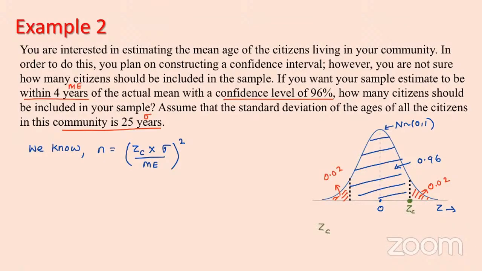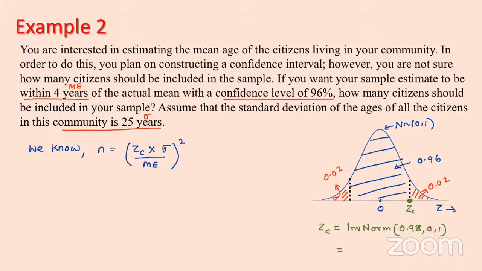So Z critical is inverse normal. You know this already. Then we need the area to the left. Look at the screen. We need the area to the left of Z critical. Area on the right is 2%. That means area on the left is 98%, right? 96% in the middle and 2% there. That makes 98% or 0.98. Mean is 0, standard deviation is 1.